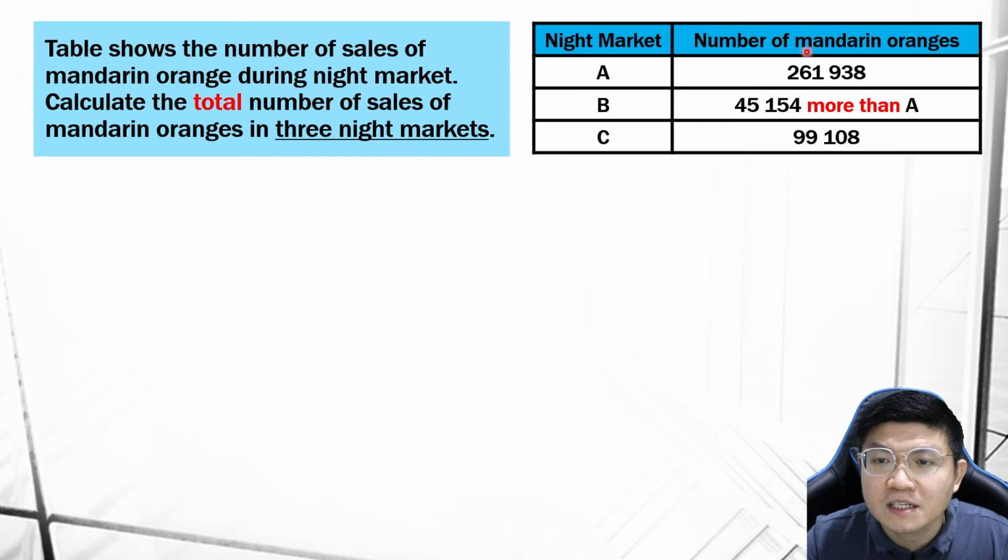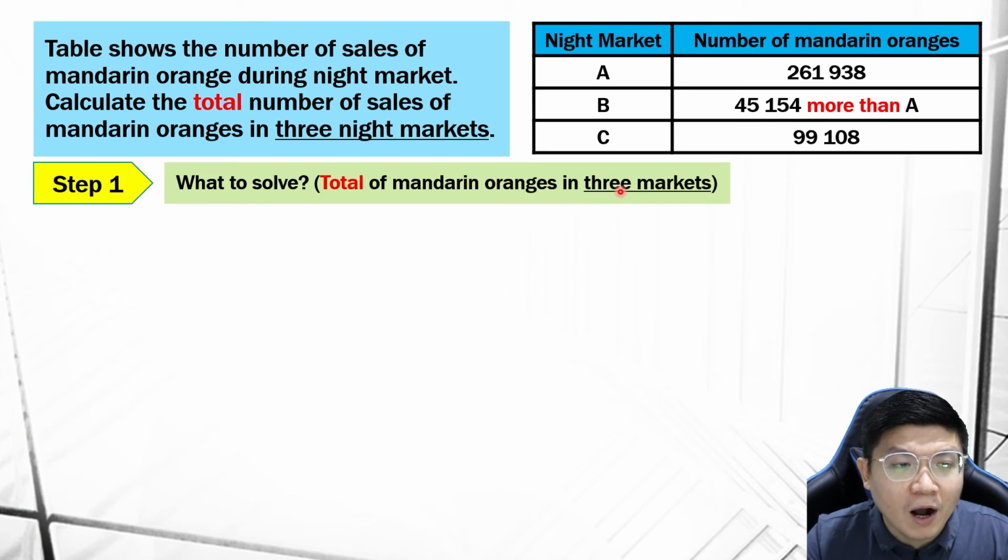All right, so this is the table, night market. A, this is the number. B, 45,154 more than. Now the keyword, more than A. C, 99,108. So step number 1, you have to know what to solve. Look at the problem. Calculate the total number.